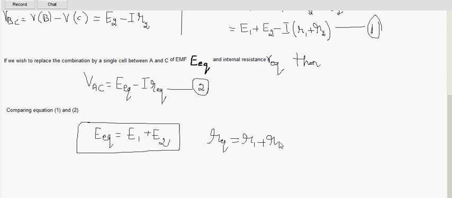So if we have two batteries connected in series, then the net equivalent will be the sum of the two.